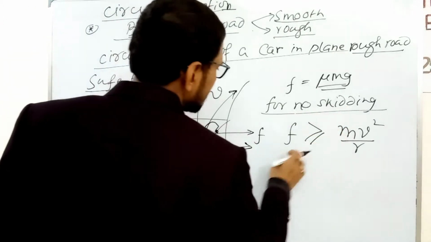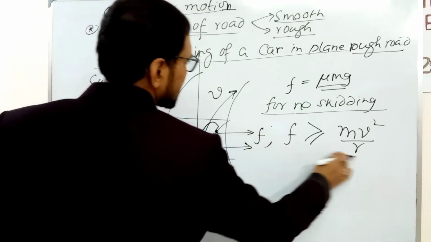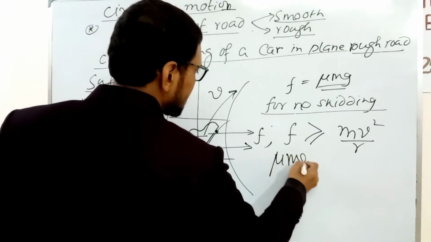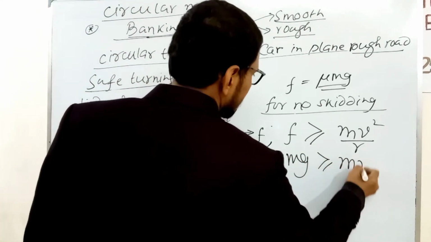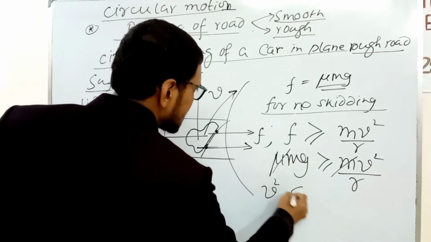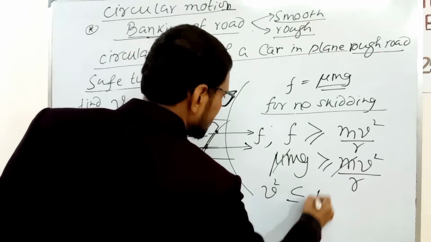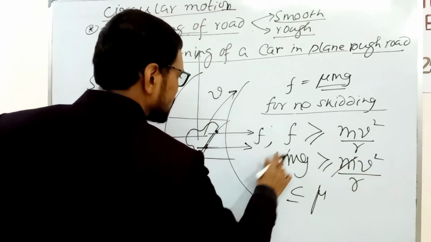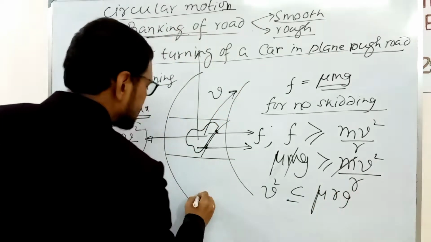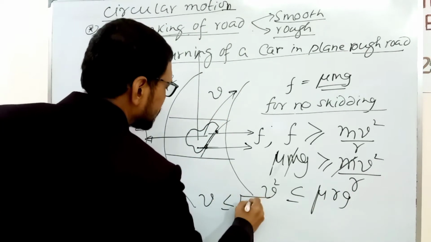So for no skidding, safe turning is f greater than or equal to this. So what is f? f equals mu mg. Cancel m. So v square is less than or equal to mu r g, that is, v is less than or equal to root over mu r g.